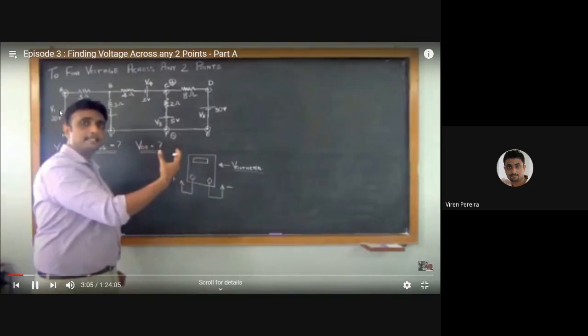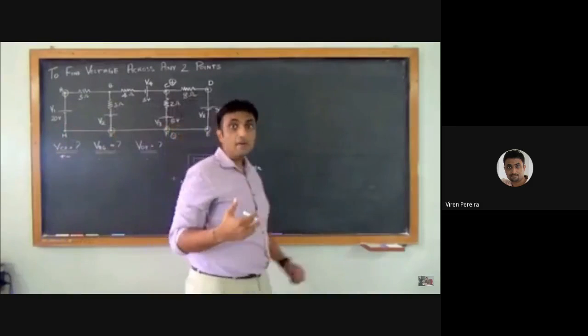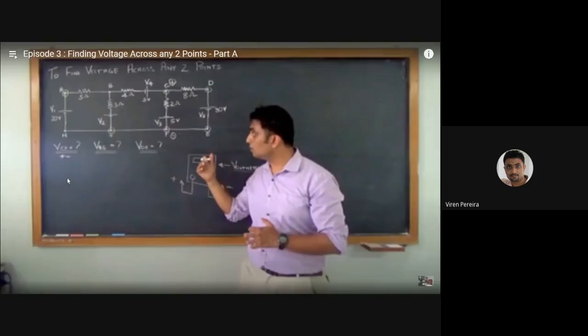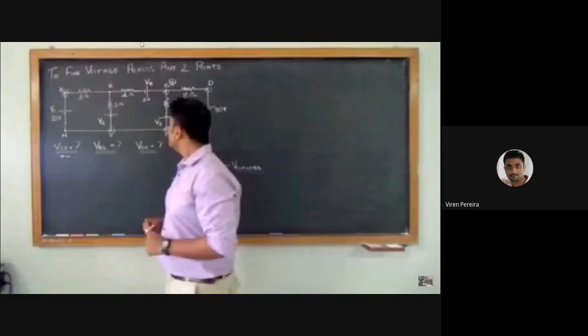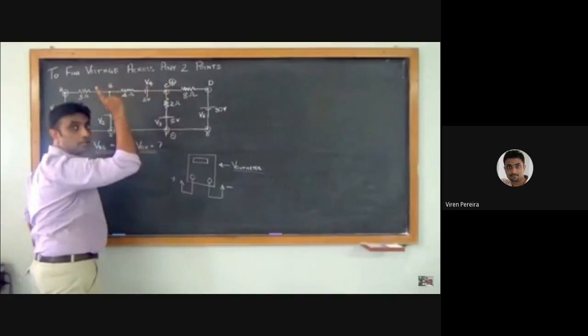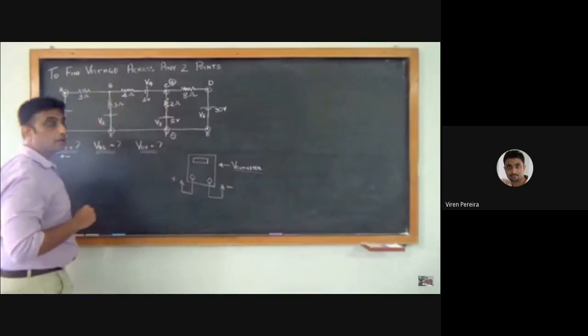Now this is basically practical, but now if we want to find out the voltage theoretically, we basically can find it out using the same KVL concept that was taught before.